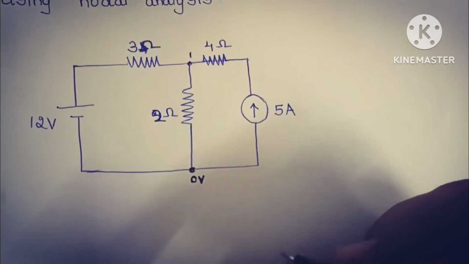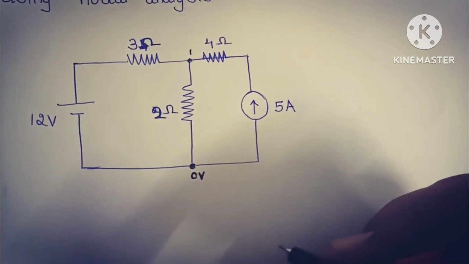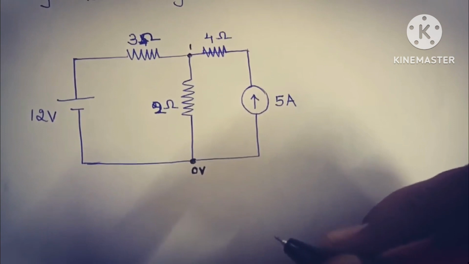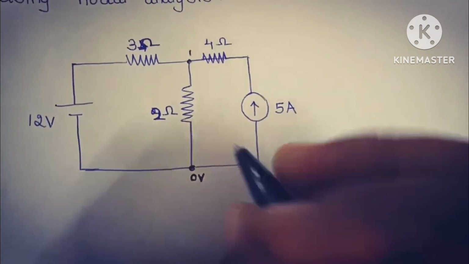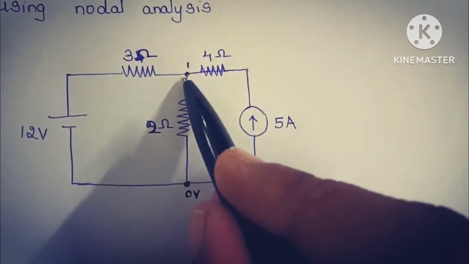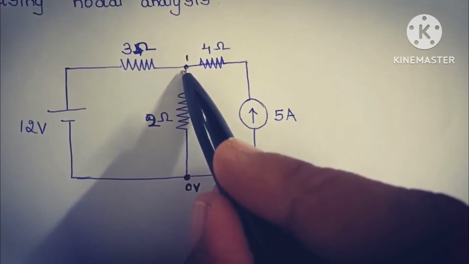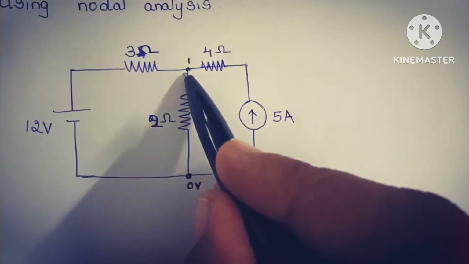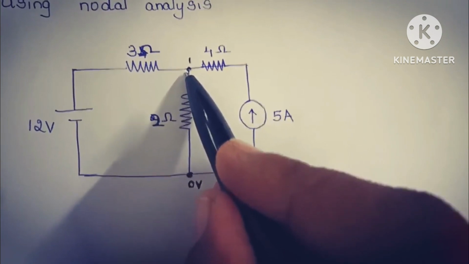Third step, we need to assign the voltages and current directions at each node. So here we have only one node. Therefore, we need to assign the direction of currents as well as the voltages at that particular node.